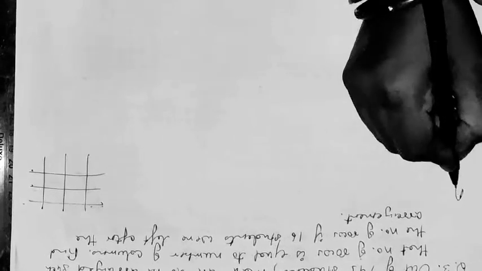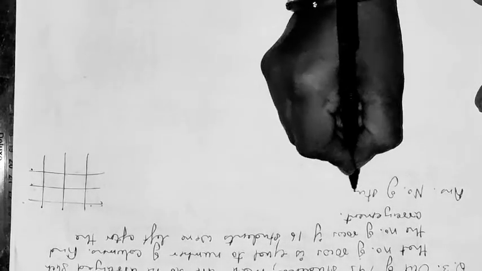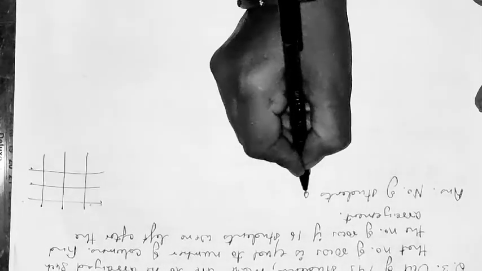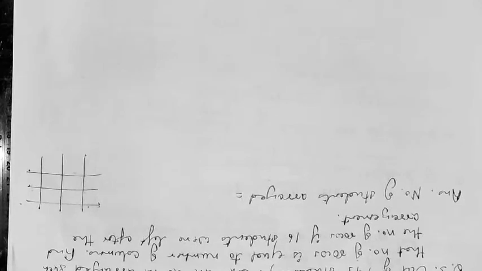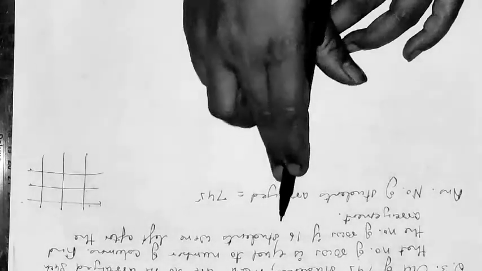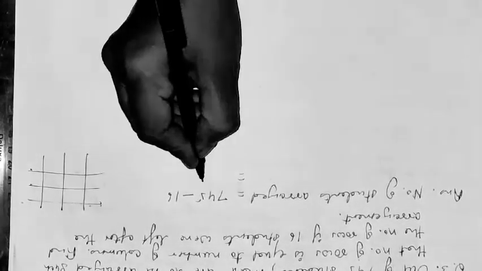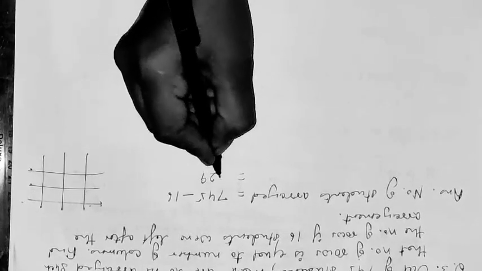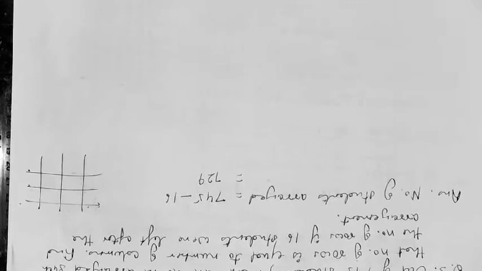So first we have to see the number of students arranged. Total number of students were 745. 16 cannot be arranged, they were left out, so we will subtract 16 from it. So 729 is the number of students which can be arranged.